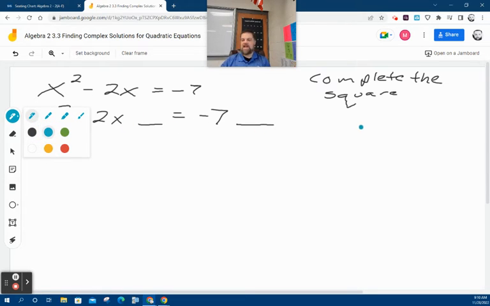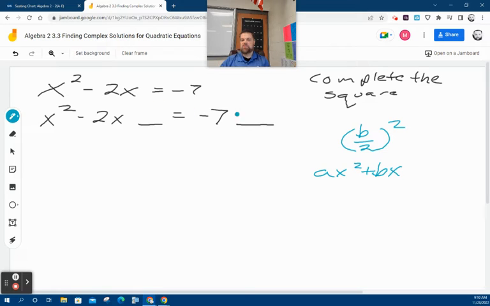So what I'm going to add is I'm going to take the b term over 2, and then I'm going to square it. Now, keep in mind that a is equal to 1, right? When I say ABC, remember that it's ax squared plus bx, and in this particular case, it's equal to -c, right? So this works when a equals 1.